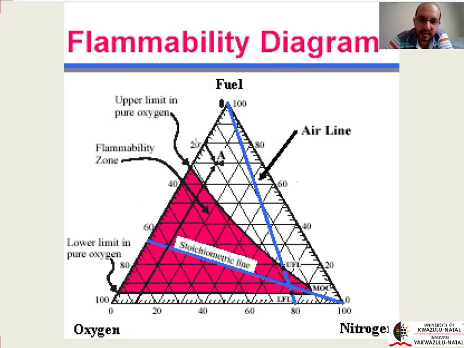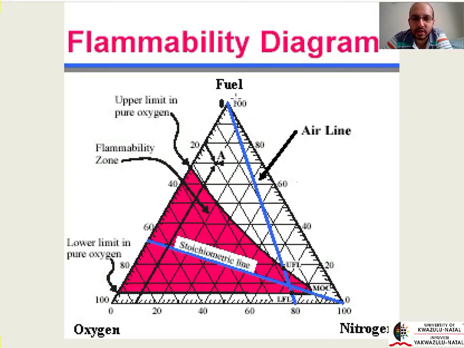So that's your 10, 20, 40, 60, etc. The actual composition is read off using these diagonal lines moving downwards here. Okay. And your nitrogen composition is read here at the base of the triangle. Anywhere inside the triangle, you're moving up these diagonal lines. Okay, so that's essentially how you read this ternary diagram or this flammability triangle.